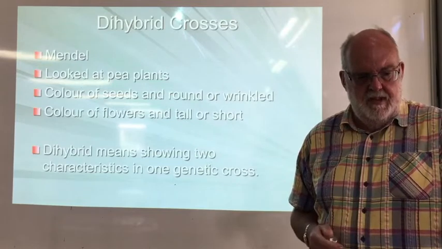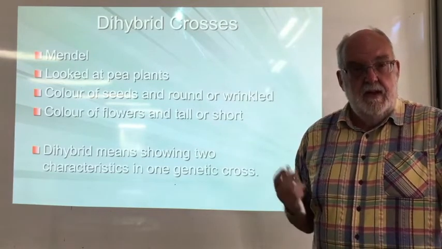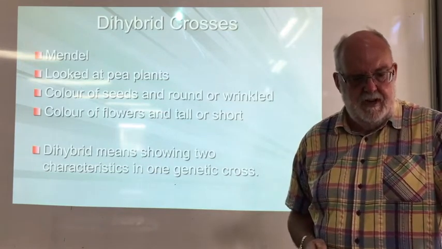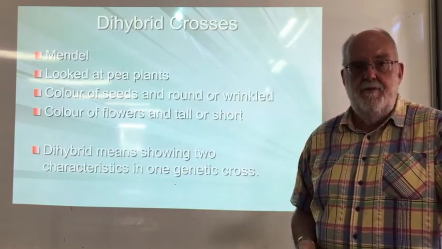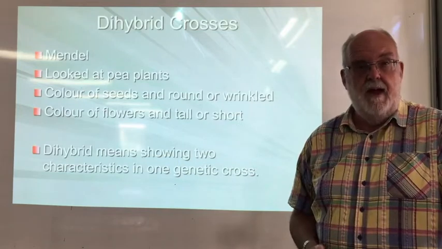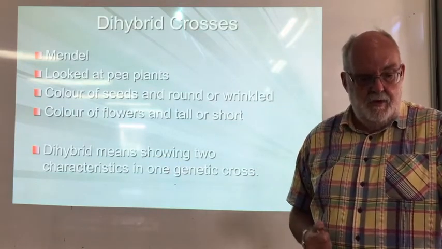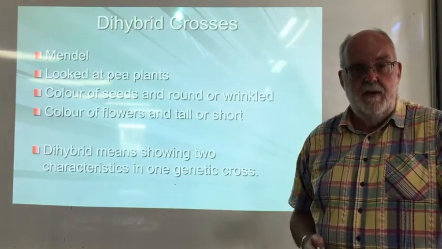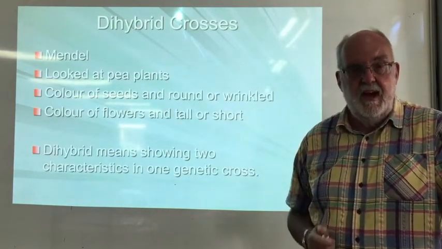And what he was doing is he was looking at the colour of the pea seeds, and he found there were several different colours. He also looked at the shape of the pea seeds and found they were either round or wrinkly. He also looked at the colour of the flowers, and he also looked at the size of the pea plant.